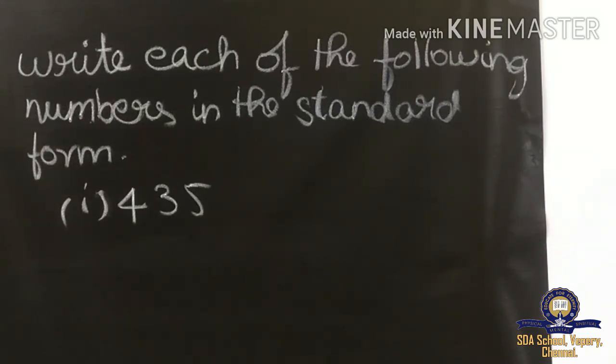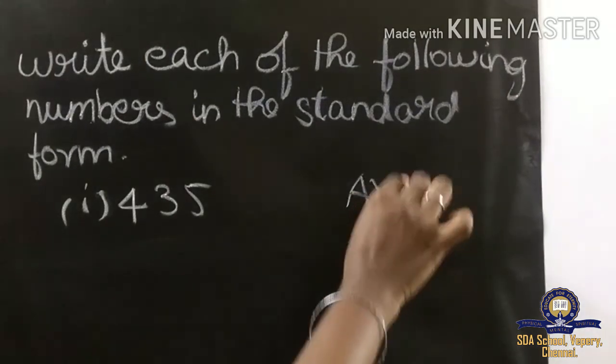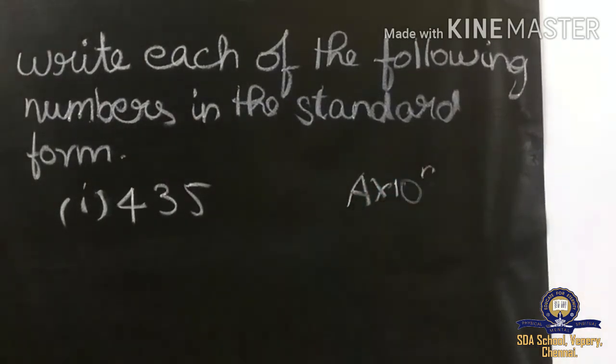You can see here this 435. It is a large number, right? So we can write such a large number as a into 10 power n, where n is an integer.